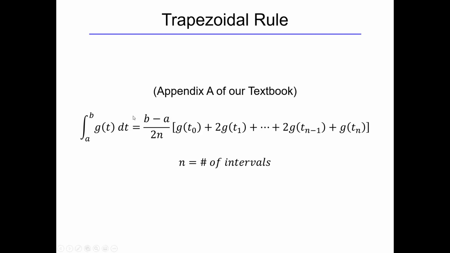So we take the difference from our ending to our starting point. We divide that by 2 times the number of intervals that we have. And then here we just have each of the data points. The ones on the ends are just there themselves, but each of the ones in between are all multiplied times 2. So essentially what you're doing is you're creating trapezoids for each of those different intervals.